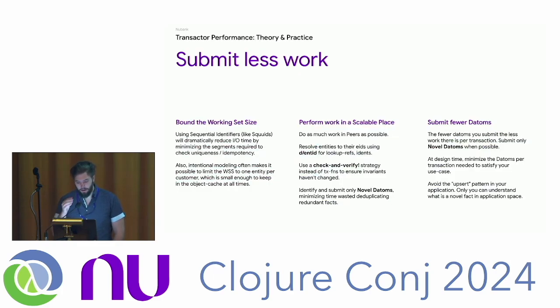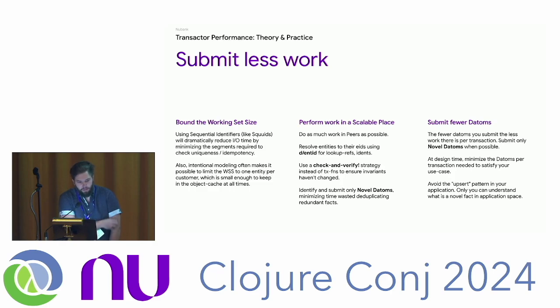Next, a different technique is performing as much work as you can in a scalable place. This means resolving entity IDs not in the transactor, but inside of the peer. And if you know that nothing about that is changing, you can use a strategy that we call check and verify.